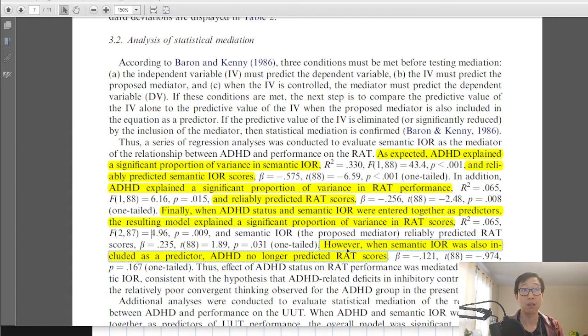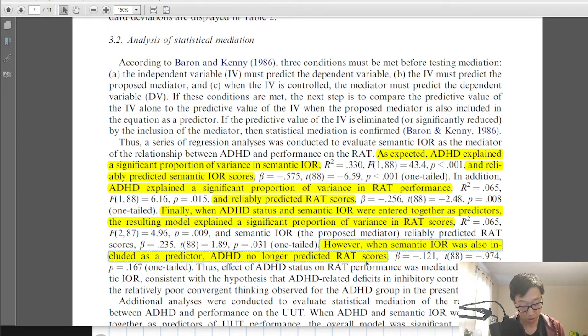And finally, when semantic IOR was also included as a predictor, ADHD no longer predicted RAT scores. So they did multilinear regression here, and they found that X no longer had predictive power in predicting the scores of the remote associates task.